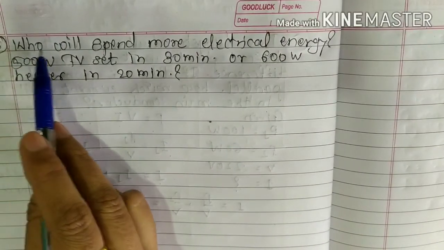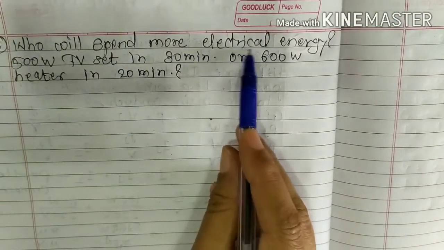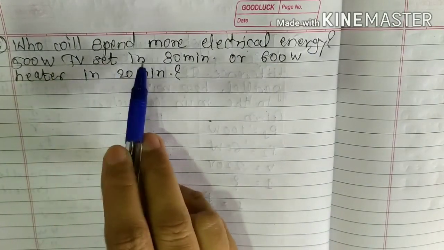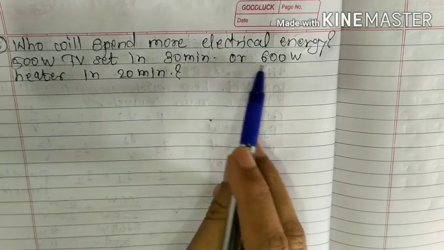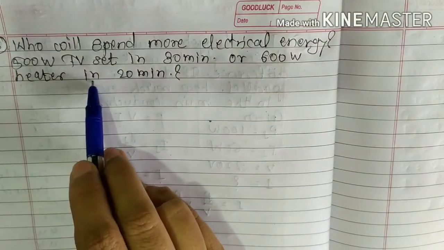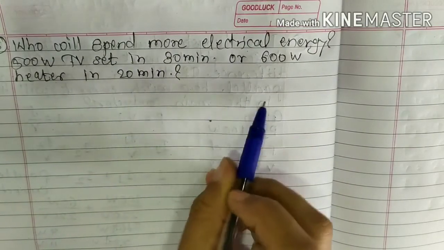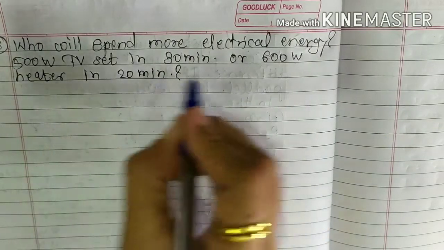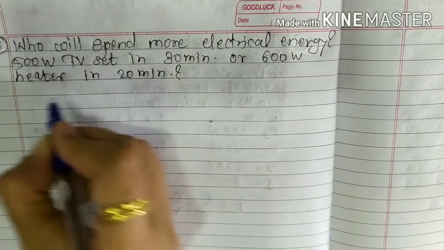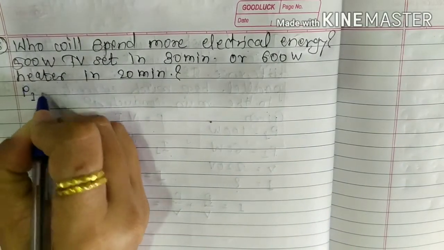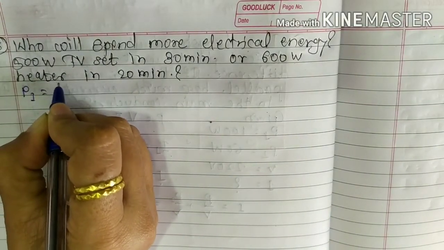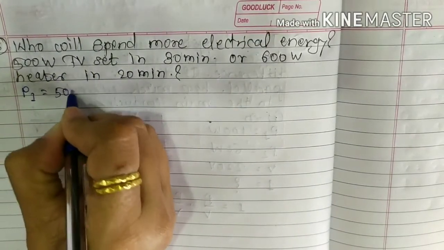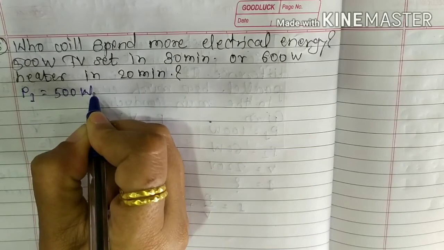Example number 3. Who will spend more electrical energy? A 500 watt TV set in 30 minutes or a 600 watt heater in 20 minutes. So see the given data. P1, that is the power of the TV set, is 500 watt.